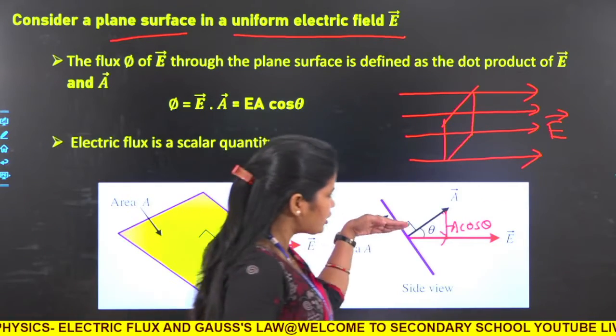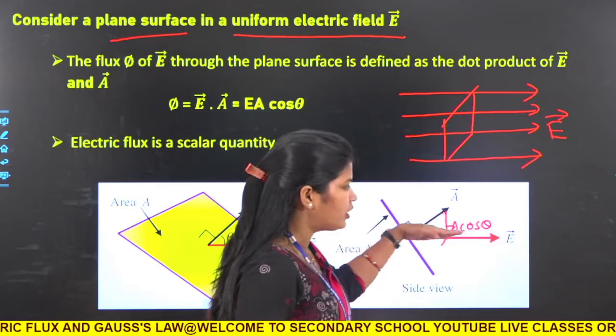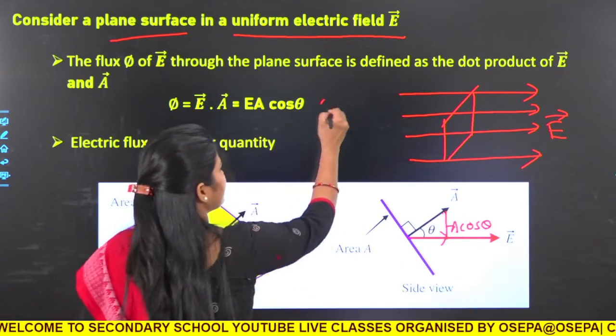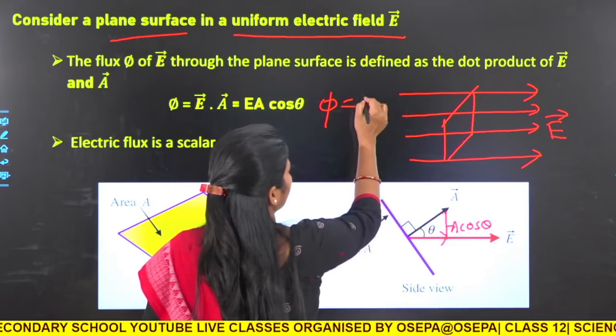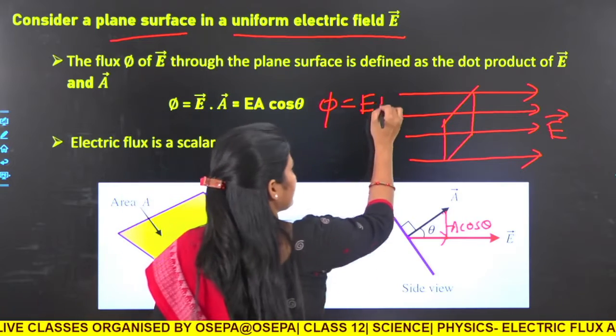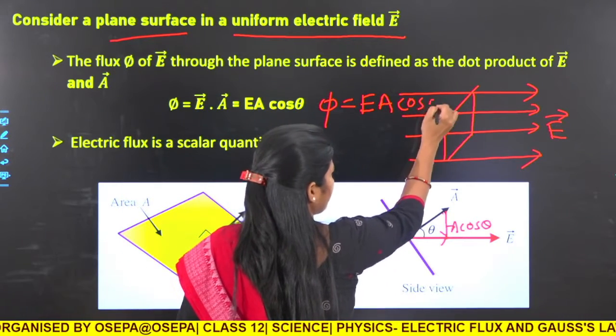Yes, the A cos theta component lies along the E vector. Then we can define flux phi is equal to E into area, that is the component A cos theta.